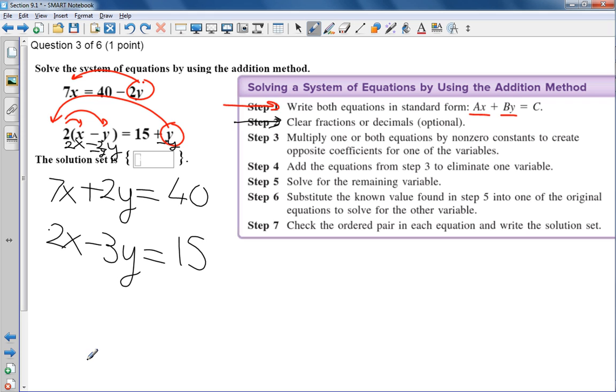Decimals work the same way. If this was 7.5, what do you need to multiply by to cancel that 0.5? To make 7.5 a whole number, no decimal. What do you need to multiply the entire equation with if this was 7.5?